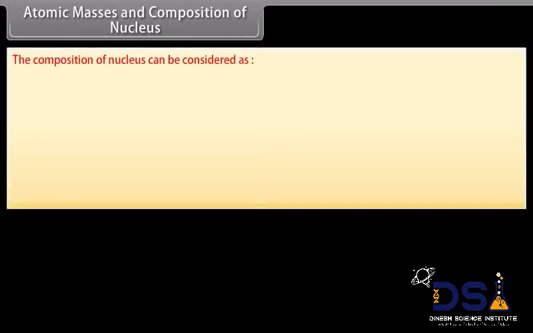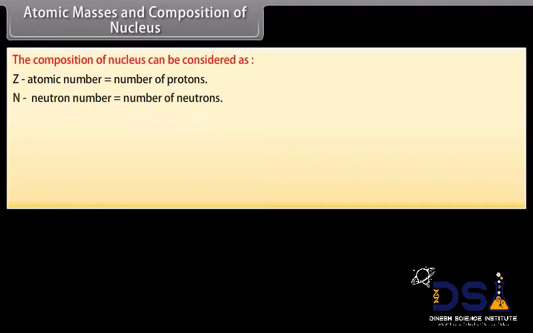The composition of nucleus can be considered as follows. Let Z be the atomic number, which is equal to the number of protons. Let N be the neutron number, which is equal to the number of neutrons. Let A be the mass number, which is equal to Z plus N, the total number of protons and neutrons.